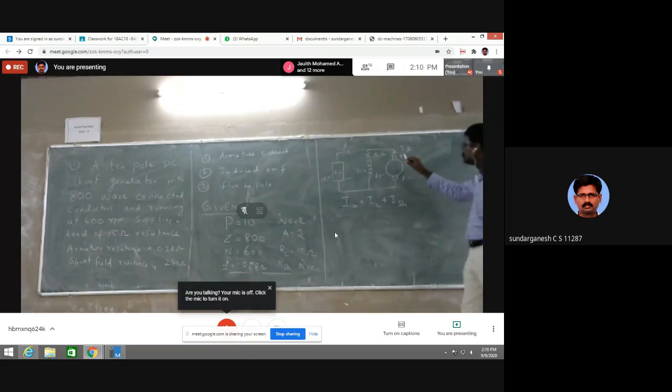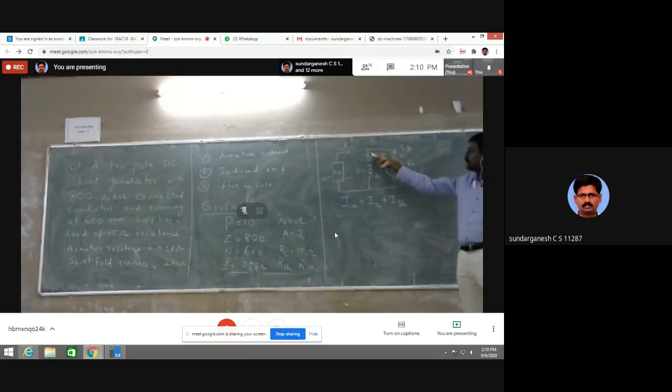Ia equal to IL plus Ish, because the generator is supplying all the power. So you have to find IL and Ish, then add these two values to get Ia.